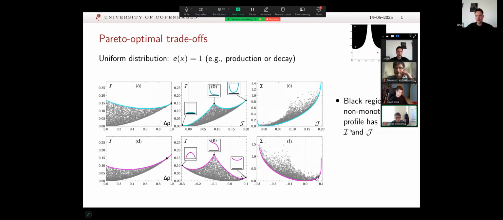So if we look at it, we actually find that we can split our system into 2 different types of behavior, depending on when we see the maximum positional information. What I mean with this is basically, if we assume now, for simplicity, that we have a uniform Langmuir distribution, so throughout the entire bulk we can have production and or decay, there is no spatial dependence.